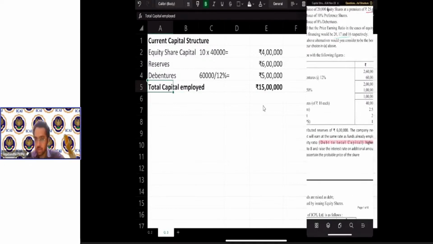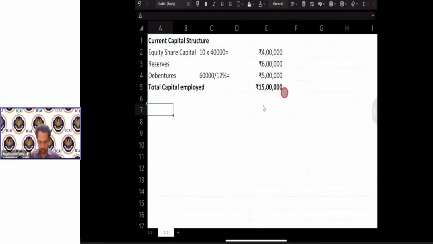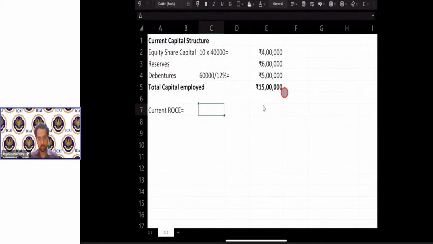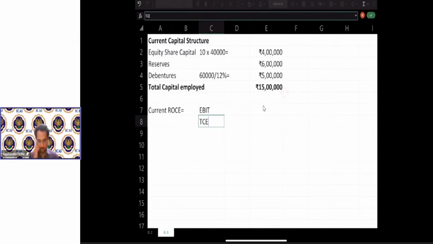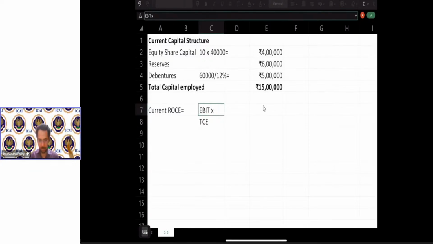We are earning an EBIT of 2,60,000. The 2,60,000 is earned on 15 lakhs. So the current ROCE, current return on capital employed, will be simply your EBIT divided by the total capital employed, multiplied by 100.